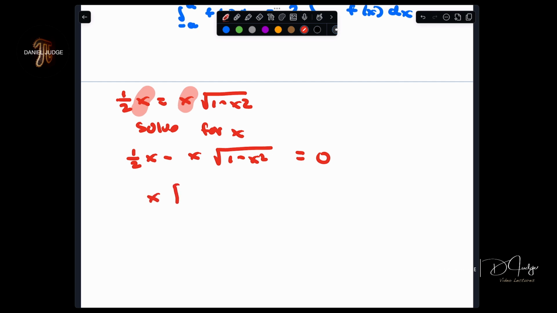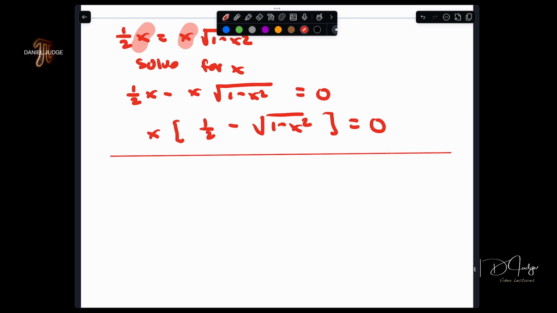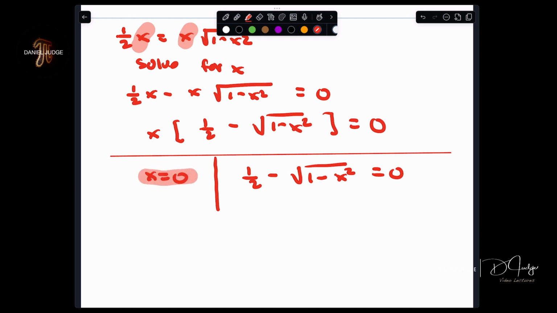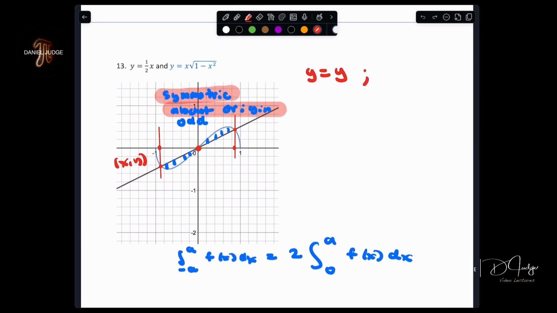So I have x times 1/2 minus the square root of 1 minus x squared equals 0. This means x is 0, and it means 1/2 minus the square root of 1 minus x squared is 0. So one solution, or one point of intersection, happens at x is 0, and you can see that here in the picture. So this is where the first point of intersection actually is. We'll put it down there, x equals 0.